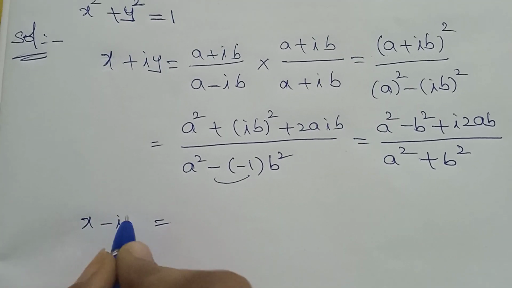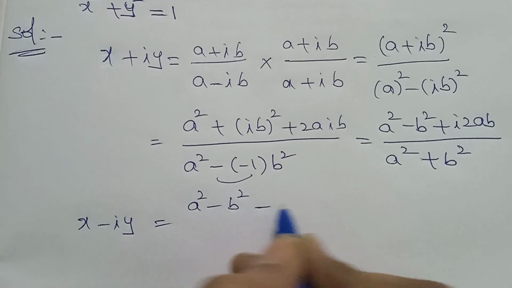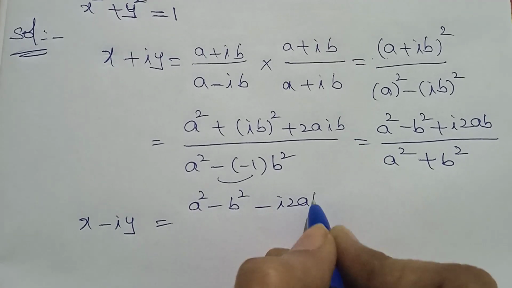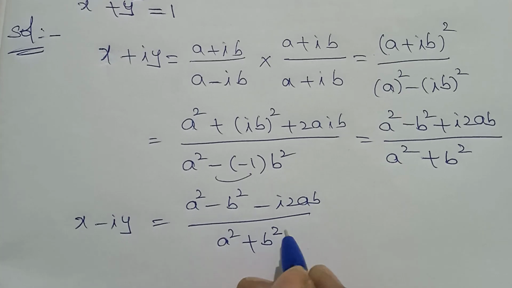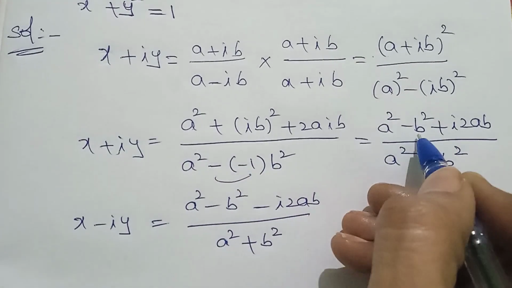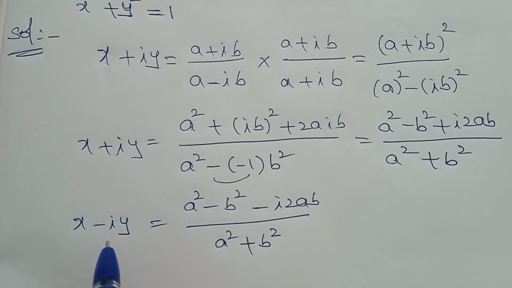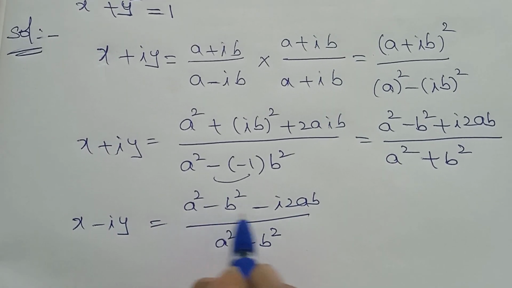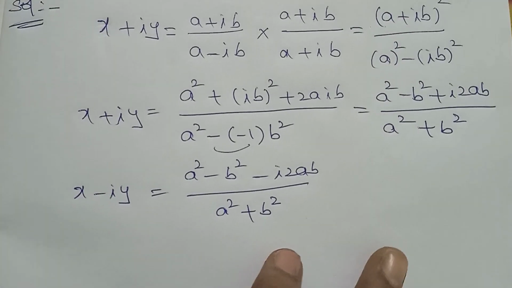What about x minus iy, which is a square minus b square minus i2ab by a square plus b square. So x plus iy is (a square minus b square plus i2ab) by (a square plus b square). The x minus iy value is (a square minus b square minus i2ab) by (a square plus b square).